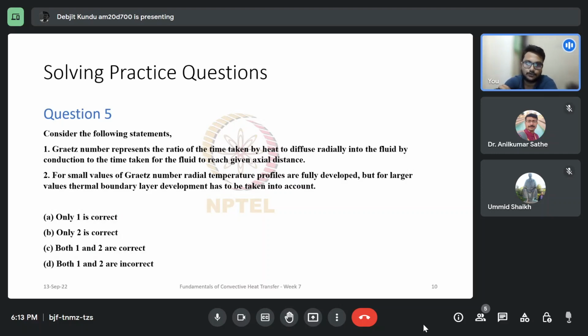And statement 2 says that for small values of Graetz number, radial temperature profiles are fully developed, but for larger values, the thermal boundary layer development has to be taken into account. So read these statements carefully and pick out which ones are correct, and then select the correct combination from the options given below. Option A, only one is correct. Option B, only two is correct. Option C, both are correct. And option D, both are incorrect.